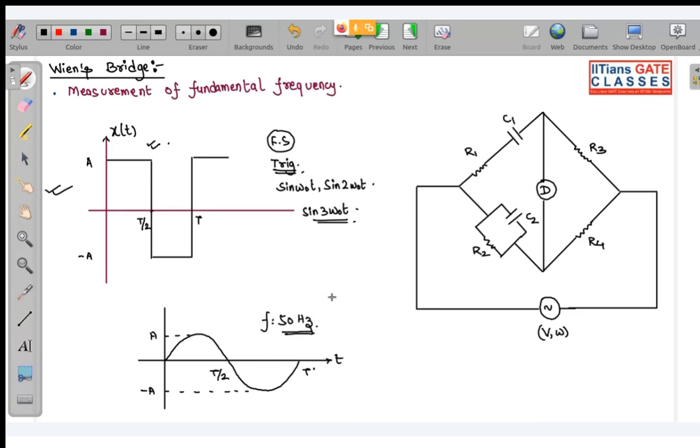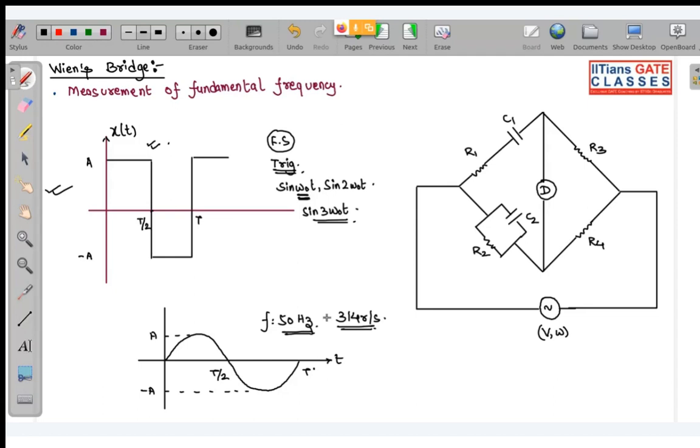That means 100 pi or 314 radian per second. So we use a single frequency line. So then what is this fundamental frequency? Fundamental frequency is the frequency whose multiples we use in trigonometric Fourier series. Is it clear?